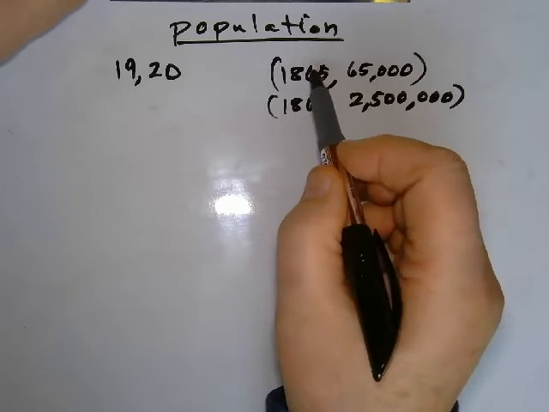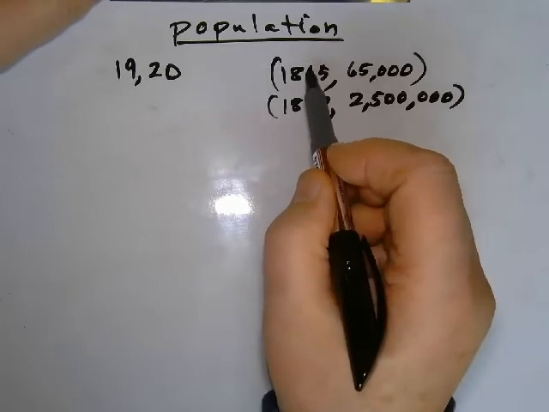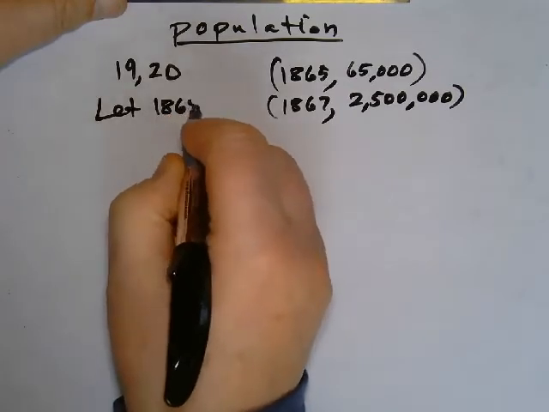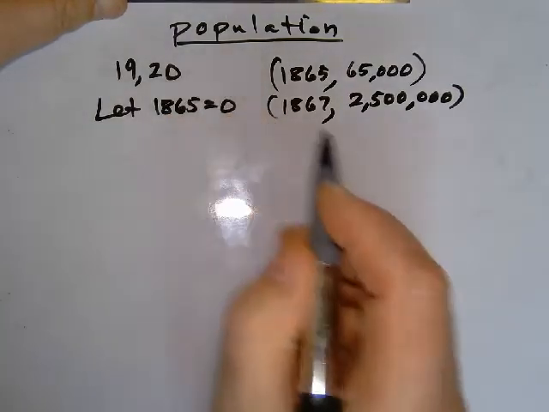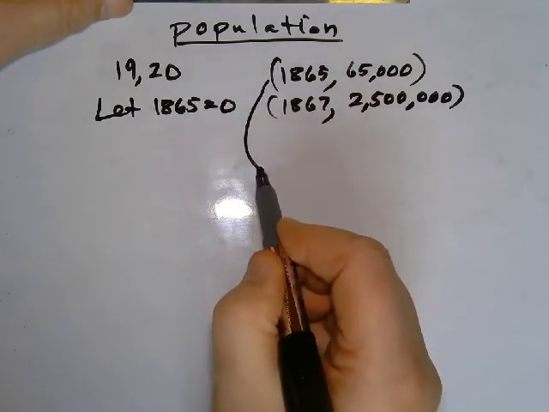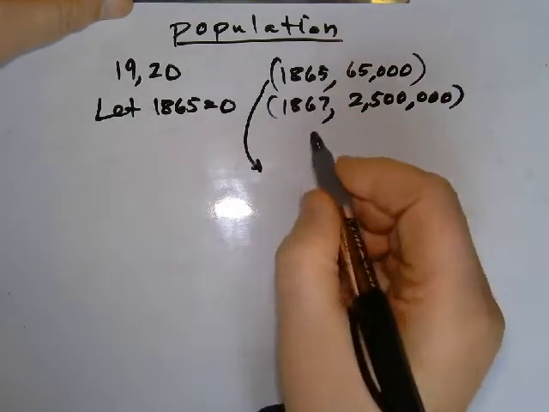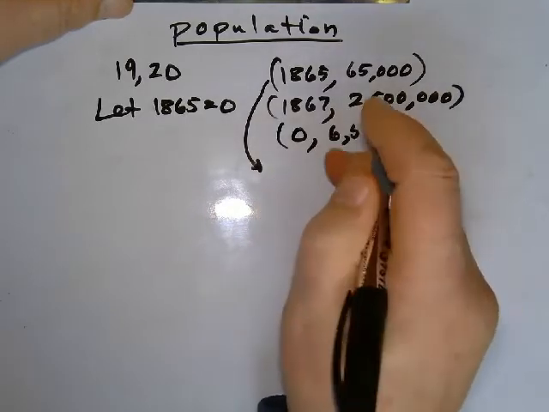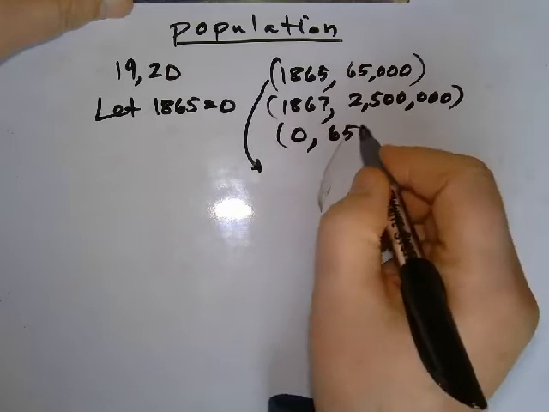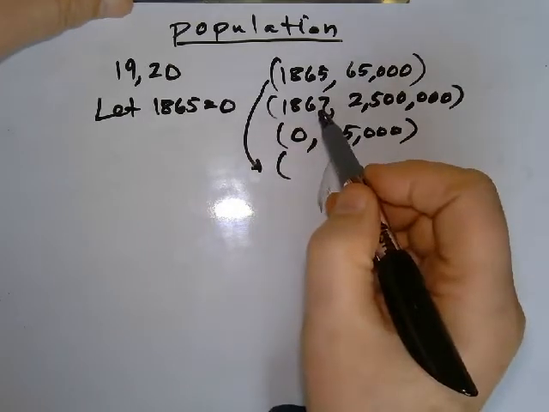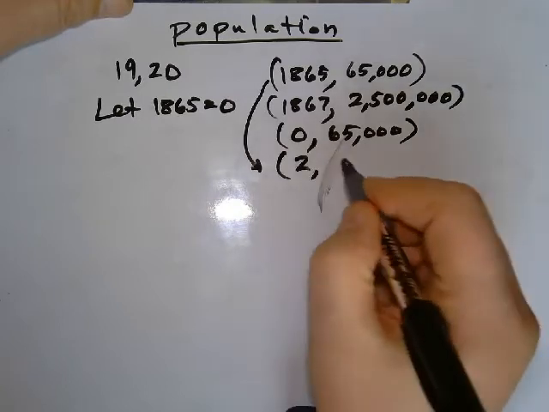And so we do ourselves a favor here by letting 1865 be equal to 0 and rewriting these two ordered pairs. If 1865 is 0, we'll get this ordered pair. And that means then 1867 would have to be year 2.